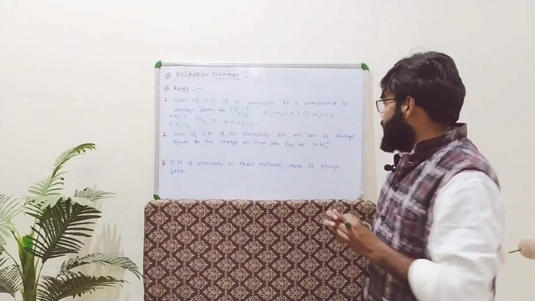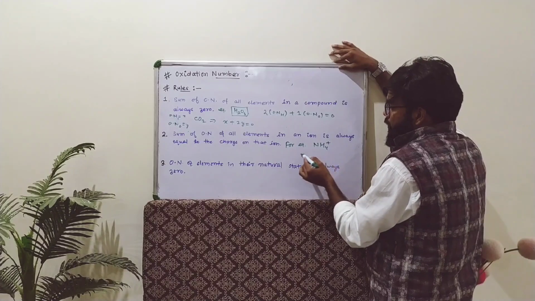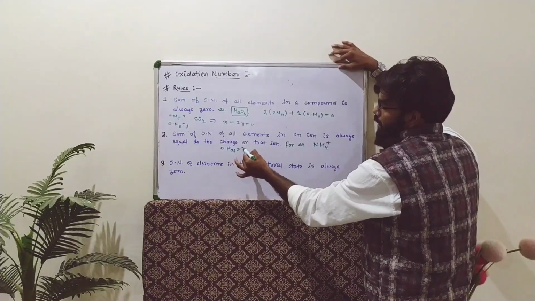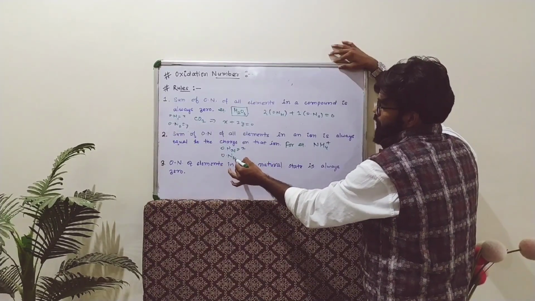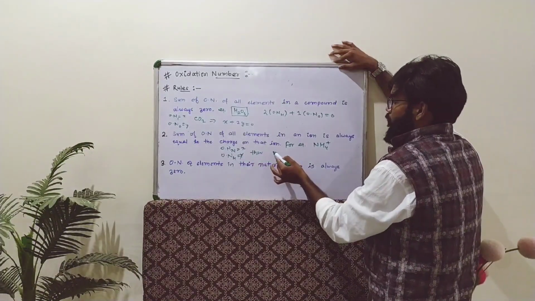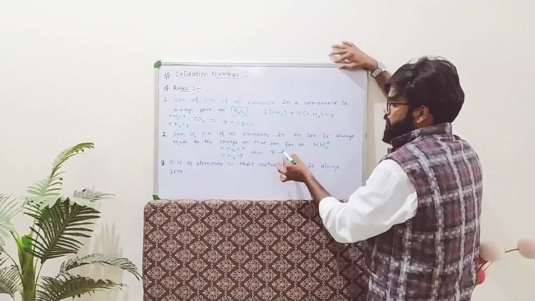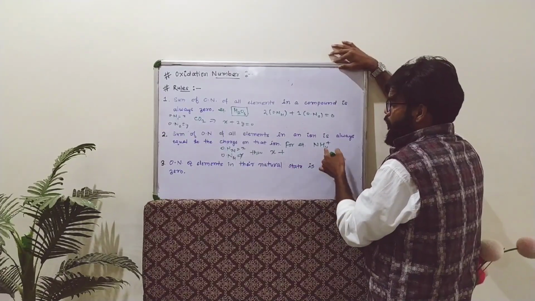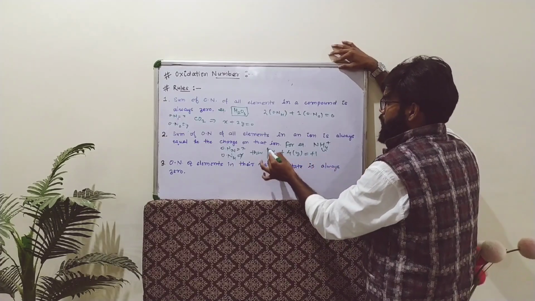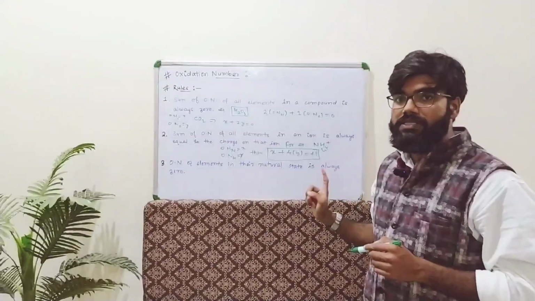Ion means charged particle. Suppose the oxidation number of nitrogen is X and the oxidation number of hydrogen is Y. Then one atom of nitrogen means X, plus coming to the next atom, hydrogen, 4 atoms are there, so 4 into Y is equal to plus 1. I hope you have understood the second point also.